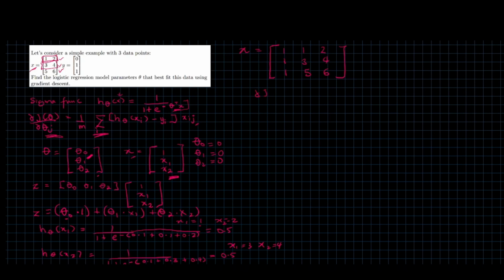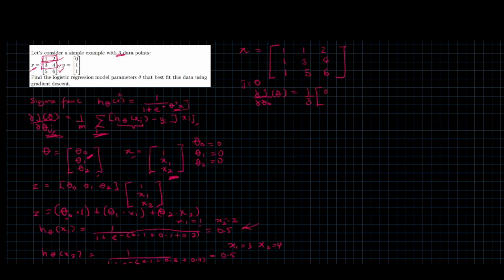for j equals 0 at this point. So here we have the partial derivative with respect to theta 0 equals 1 over m, where m depends on the number of data points. In this case, it is 3. Now open your bracket. We have gotten this value at this point, so you can see it here.